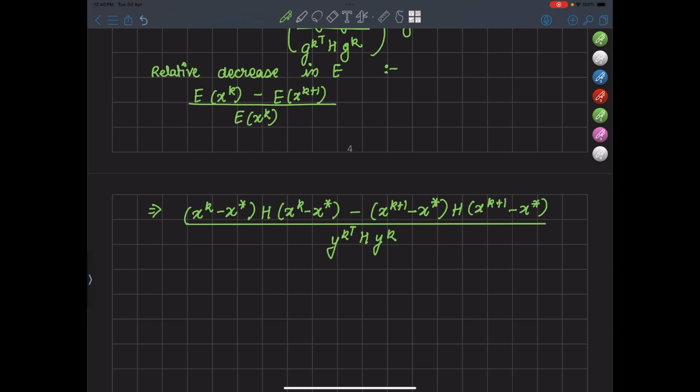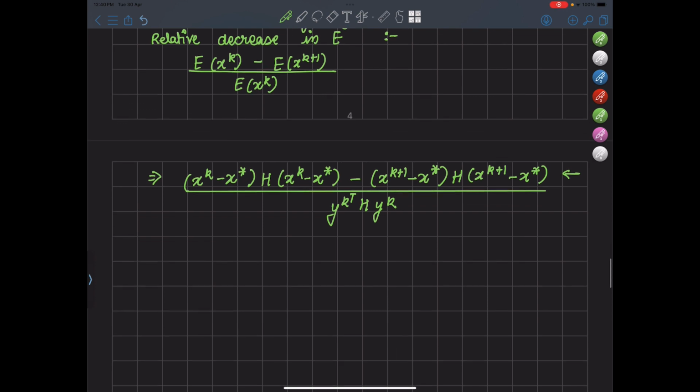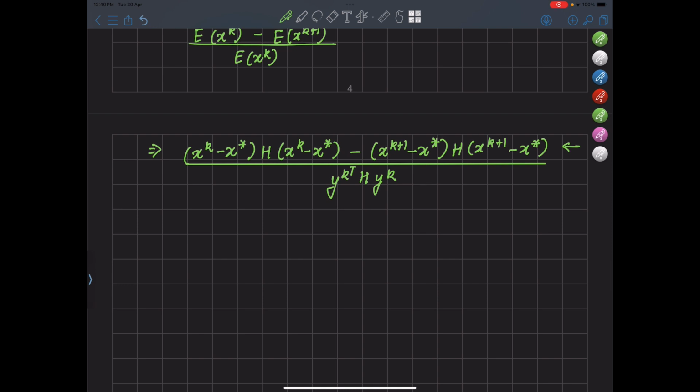Here in the denominator I have written yk in place of xk minus x star, because we don't need any simplification there, but in the numerator we'll need to simplify this expression. You can pause the video here and try to figure out what the numerator will be.